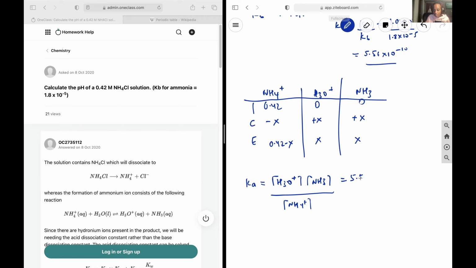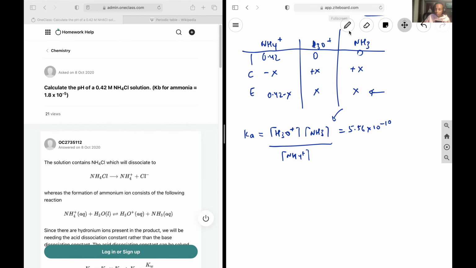It's 5.56 times 10 to the negative 10. We simply plug in these values at equilibrium into this and solve for x. Okay, so H3O is going to be x by x over 0.42 minus x, and that's going to be x squared over 0.42 minus x is equal to 5.56 times 10 to the negative 10.